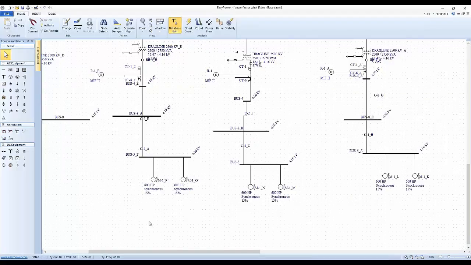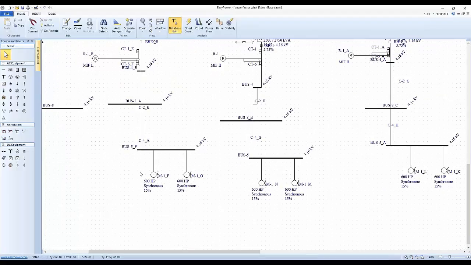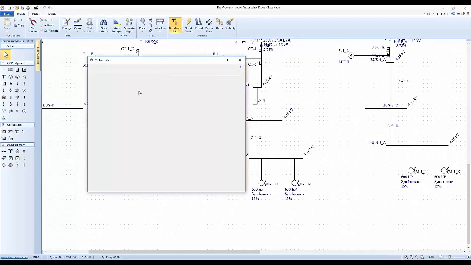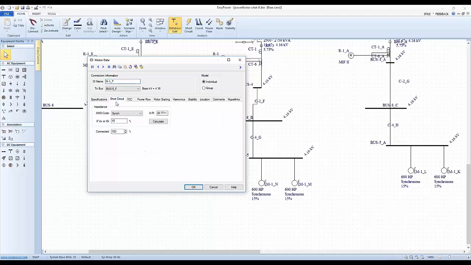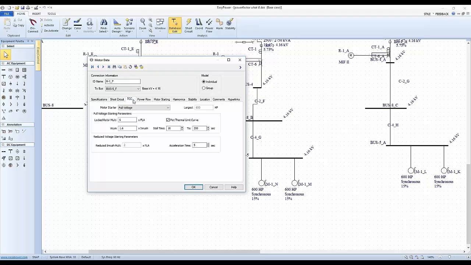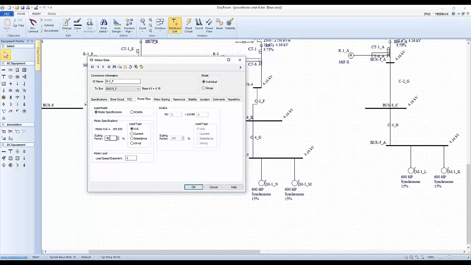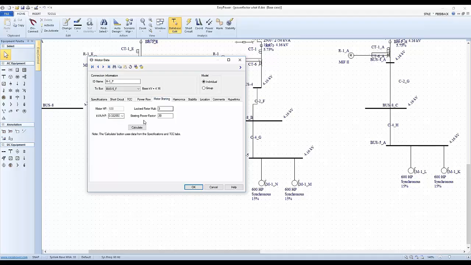Down here we've got half a dozen or 8 600 horsepower motors, and as we look at these in database edit, we can see that we've set these up and calculated the short circuit. At some point we're going to plot the thermal limit curve, and in PowerFlow we're going to say that most of the time these will be running at about 40%. We're not worried about starting right now, although at some point in time we will be, and so we may go back and work with the motor multipliers.